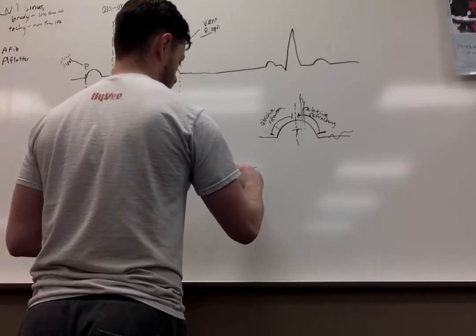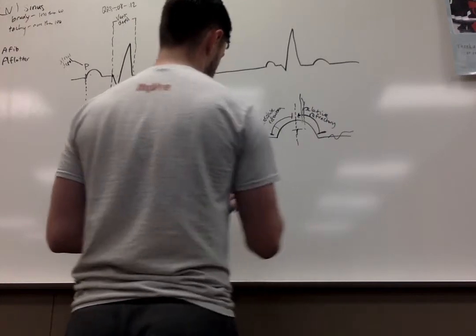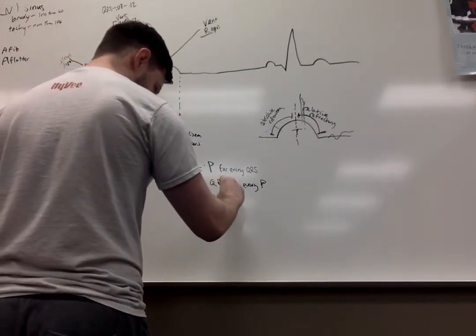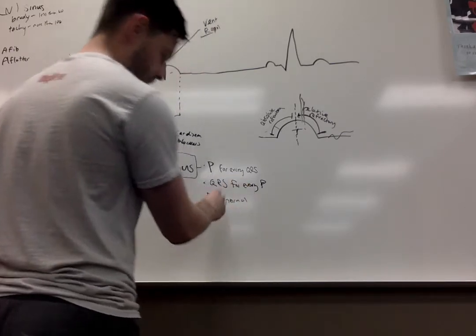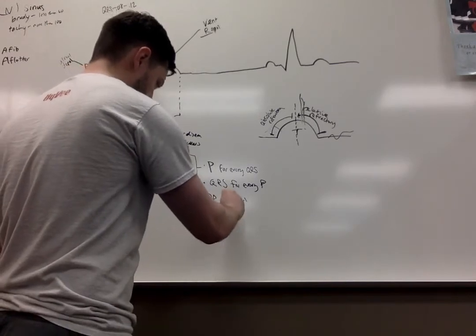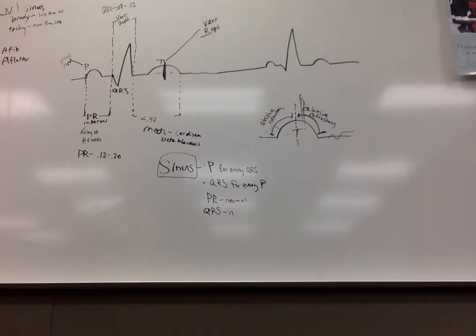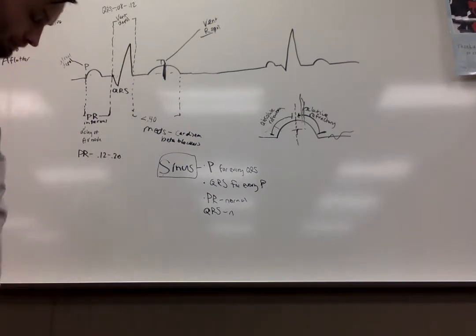Sounds silly, but I'm going to get to it in about 10 minutes. PR normal, QRS normal. That's your sinus rhythm. And depending on how fast it is, it's going to determine if it's brady or tachy.